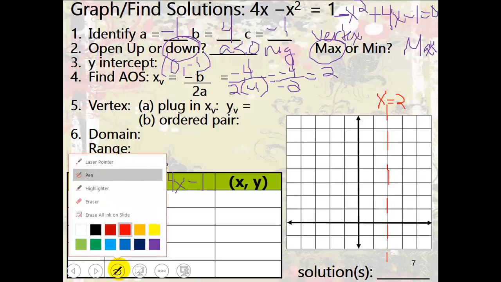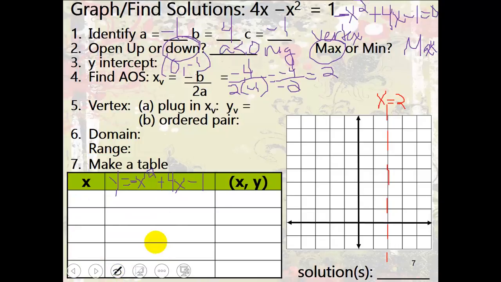I'm going to now calculate the y-coordinate of my vertex. So I have the opposite of 2 squared plus 4 times 2 minus 1. 2 squared is 4. Opposite of that is negative 4. Negative 4 plus 8 is positive 4.